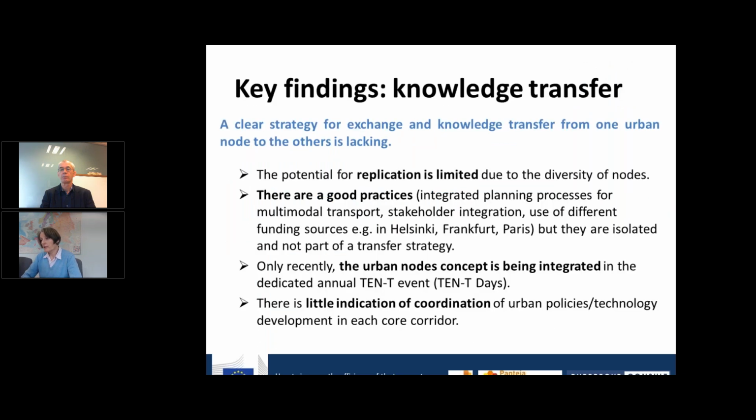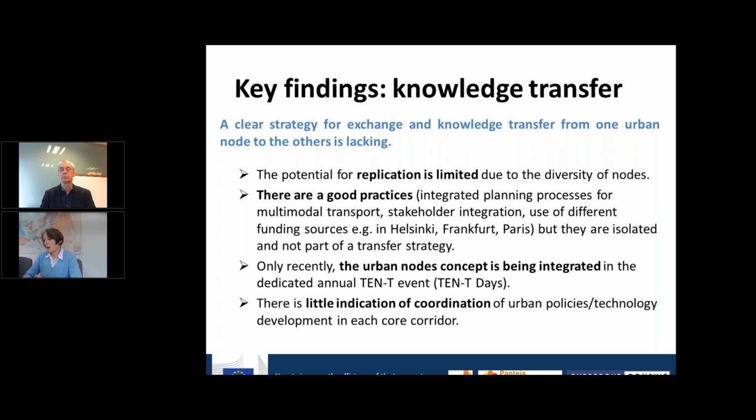Another, and the last, key finding is about knowledge transfer. What we found out is that a clear strategy for exchange and knowledge transfer from one node to the other is currently lacking. There is a potential for replication.